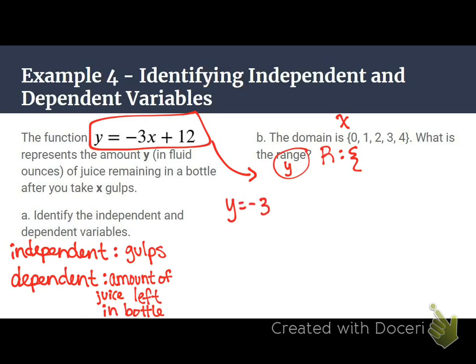So first up, what am I plugging in for x? 0. -3 times 0 is 0 plus 12 is 12. Next up, what am I plugging in for x?